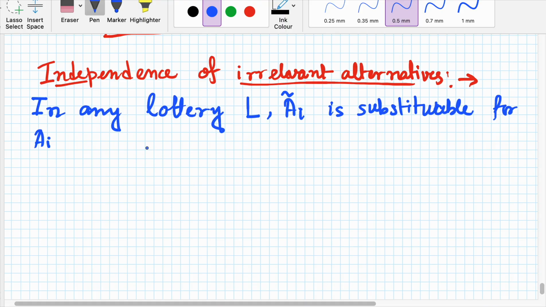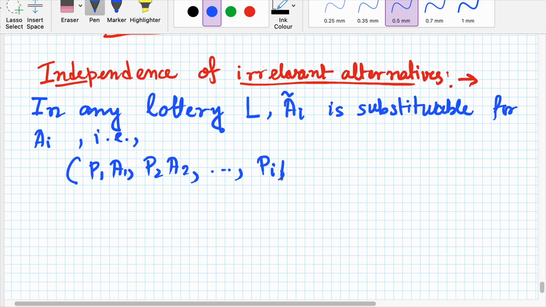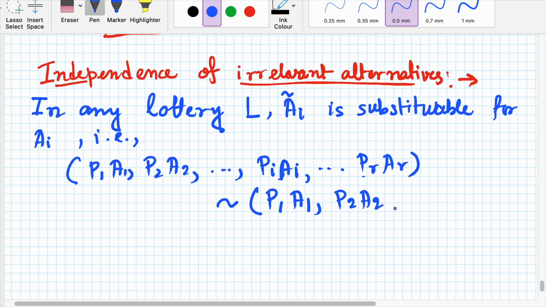So in a lottery with P1 A1, P2 A2, up to PI AI, up to PR AR, if I put in irrelevant alternatives, that is, with probability P1 A1, with probability P2 A2, with probability PI AI tilde, up to PR AR, it doesn't matter, since AI is indifferent with AI tilde.